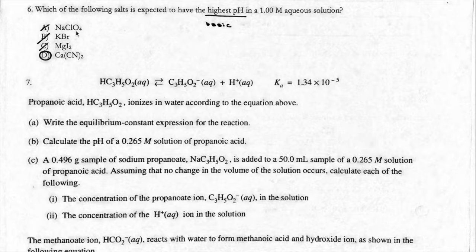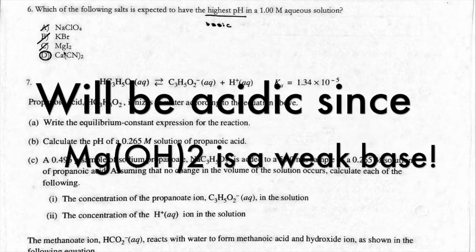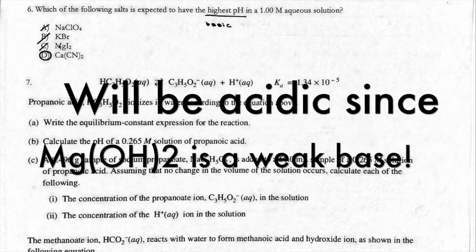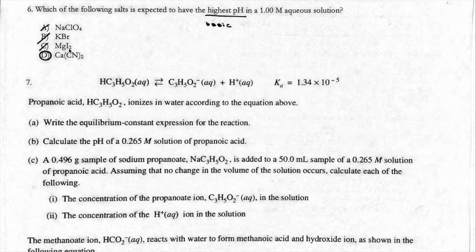ClO4 minus came from HClO4, perchloric acid, which is one of your strong acids, so that's not going to be basic, therefore this is going to be neutral. KBr, K came from a strong base, KOH. Br minus came from HBr, which is a strong acid, so again this will be neutral. MgI2, again, is going to be neutral. This came from a strong base, this came from a strong acid.